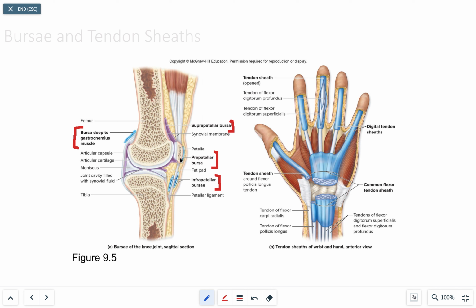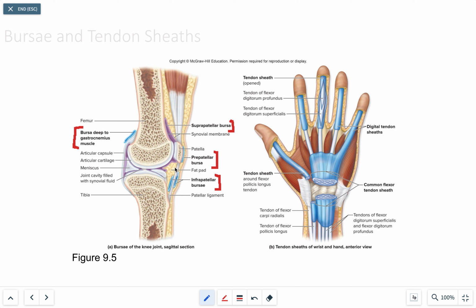We also see it located in the prepatellar bursa. So the patellar retinaculum is going to go over the top and eventually connect into the tibial tuberosity. But every time the quadricep contracts, we'll see the patella moving proximally and distally, and these bursa help lubricate that movement.